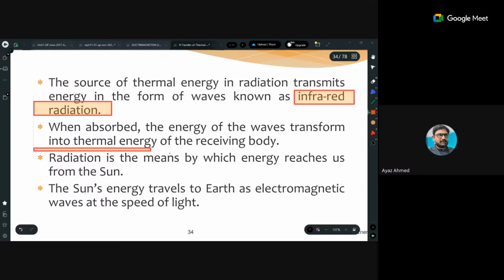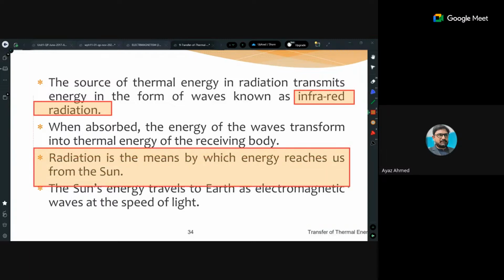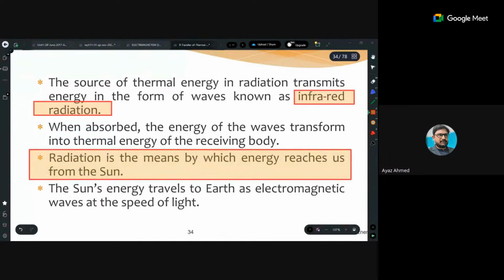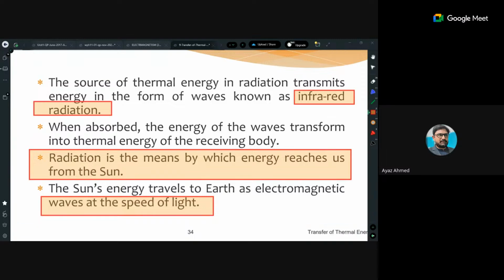This is the question which is usually asked in exams: radiation is the only means by which heat is transferred from the sun to the earth. The sun's energy travels to the earth as an electromagnetic wave with the speed of light. Another very interesting thing is that the speed of all this heat radiation is the same as the speed of light. Is it clear?